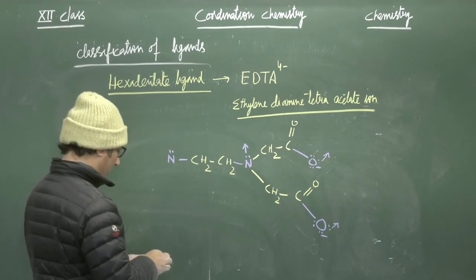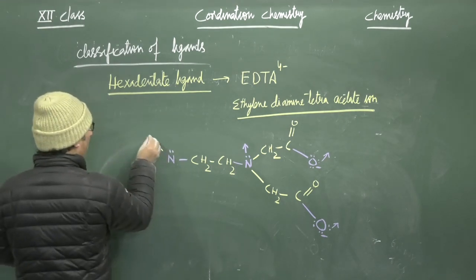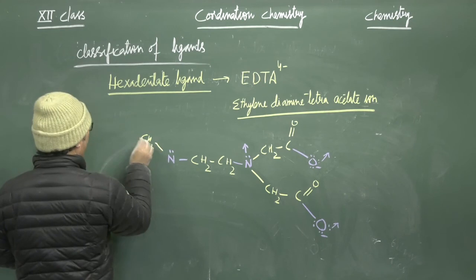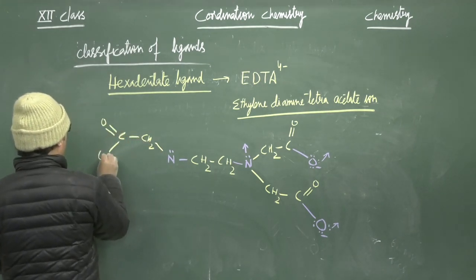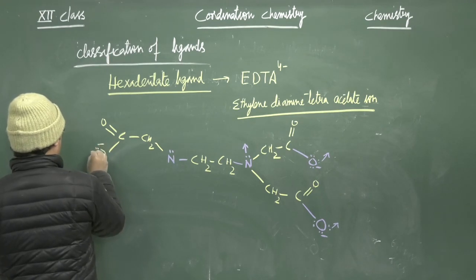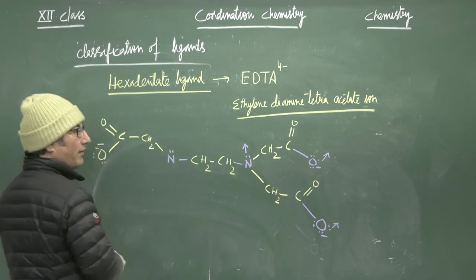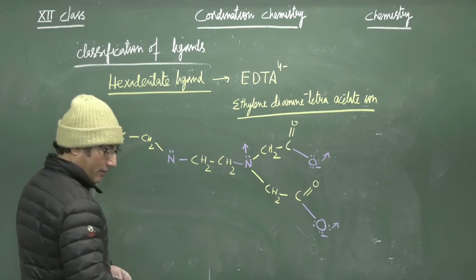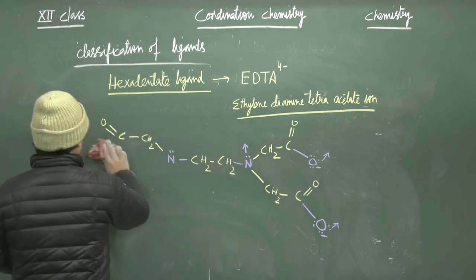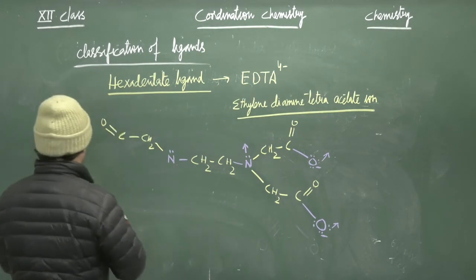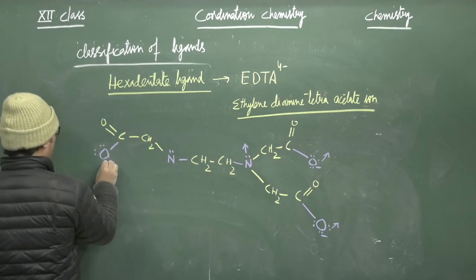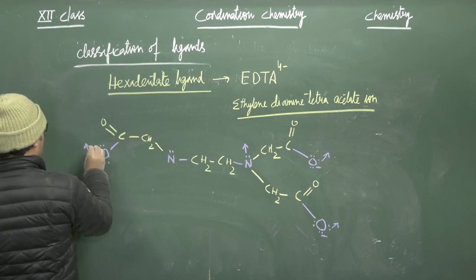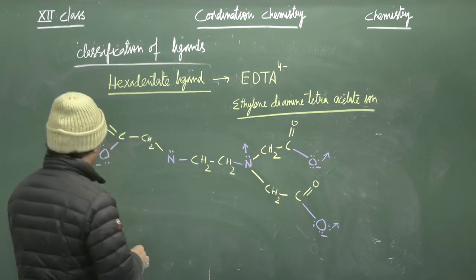And with this nitrogen, you have CH2, C, double bond O, a single bond O minus. It's an acetate ion. This oxygen is its donor site.